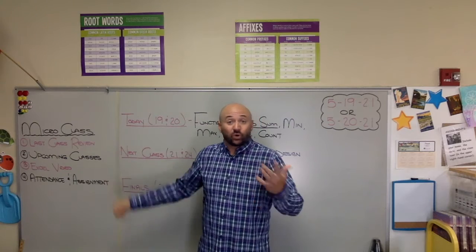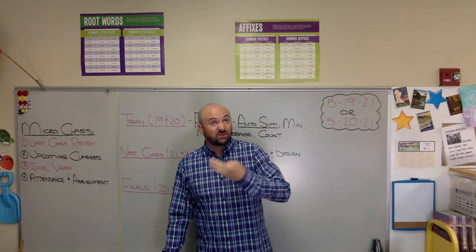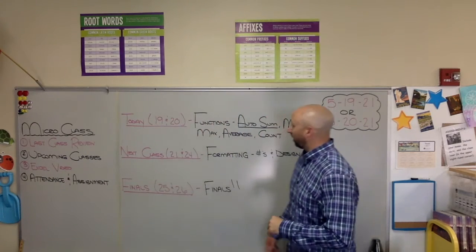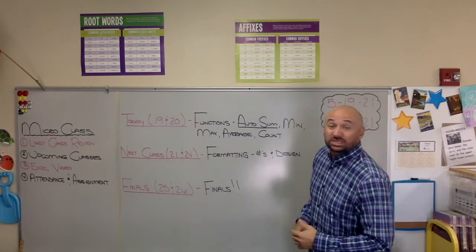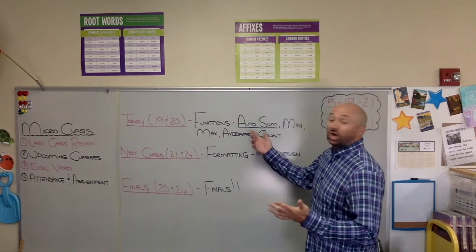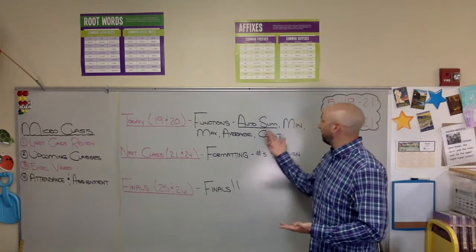Upcoming classes. What do we got? Today and the rest of this year, 3 total. I'm doing the math in my head. Take a look. Today, the 19th and the 20th, whatever day it is for you. Today we're going to talk about functions in Excel. Something called AutoSum. This is basically doing addition for you. You know what a sum is.